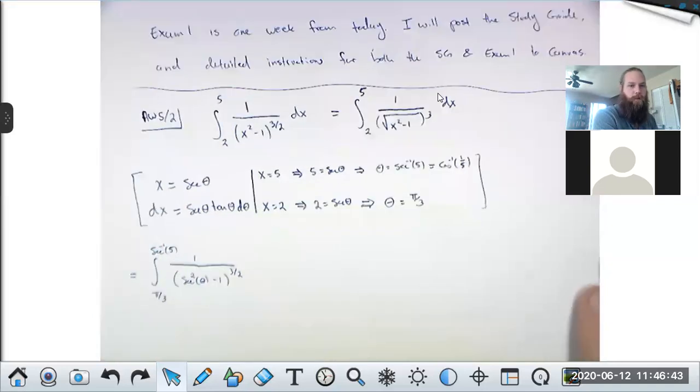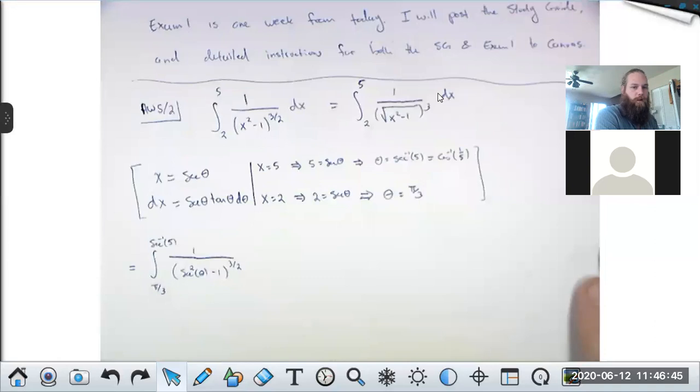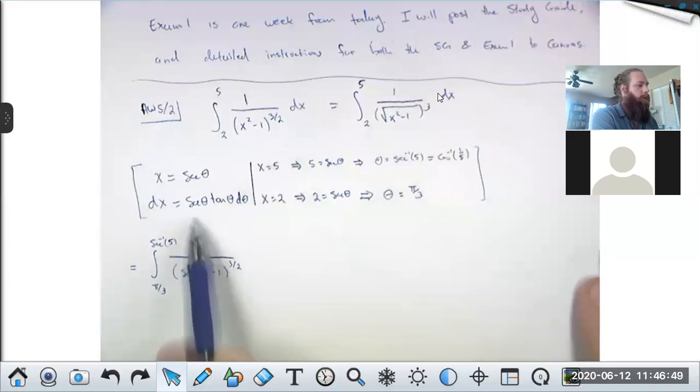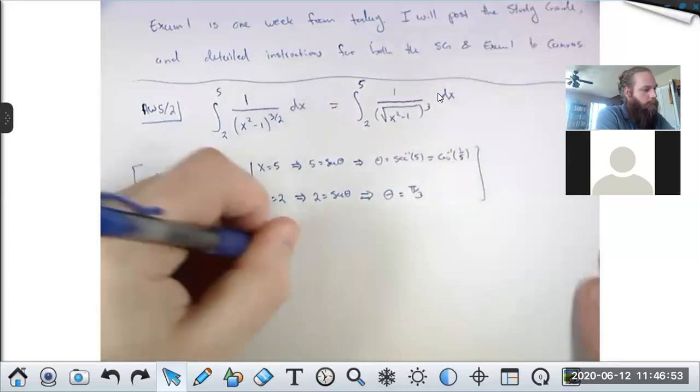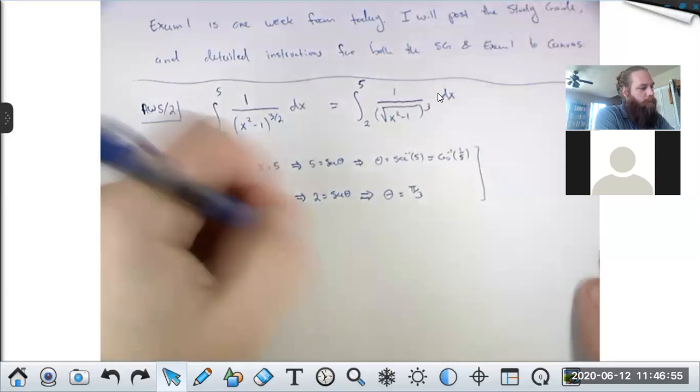Zoom in just a little here, there we go. And then my differential term, don't forget your differential term, dx is secant theta tangent theta. If you leave that off, then this is really unpleasant.